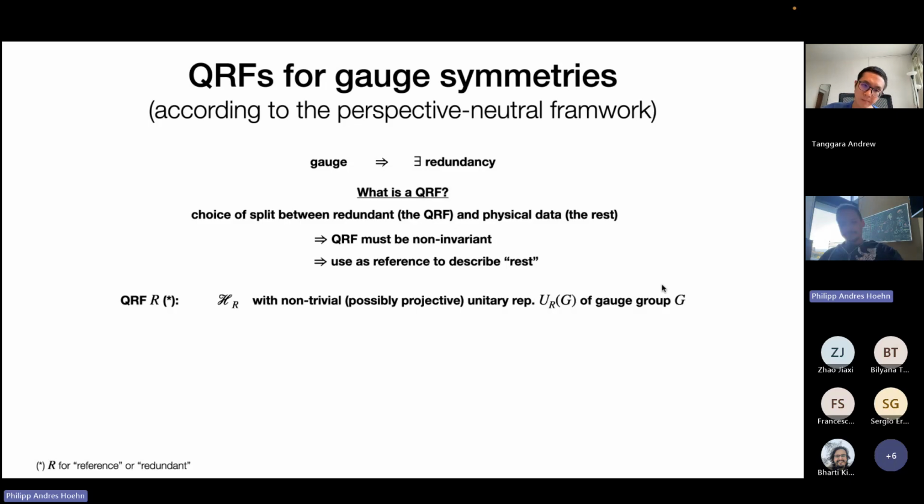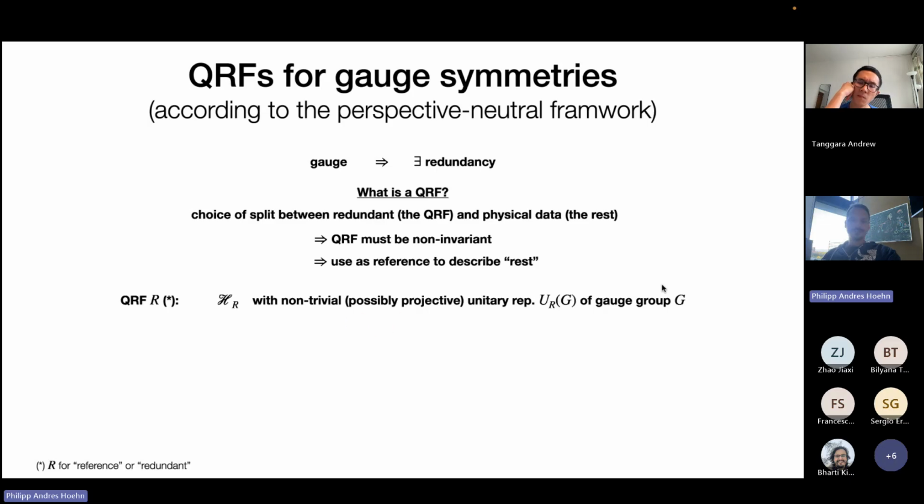And so now let's become a little bit more precise. The quantum reference frame, we're going to label it by R. So R you can think of as reference or redundant. And the reference frame will come with a Hilbert space that we label H_R. And it has to have a non-trivial representation of the group that we're interested in, the gauge group.